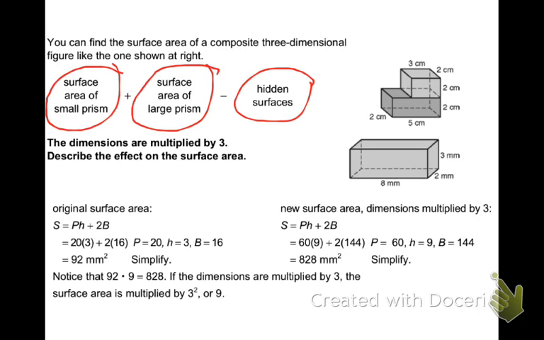Okay. What I'm going to show you is you could also do the surface area of the large prism plus the lateral area of the small prism. And that would actually get you the total surface area as well.